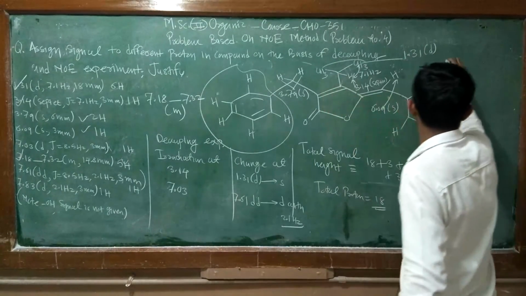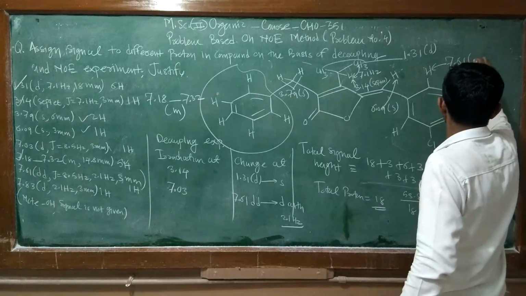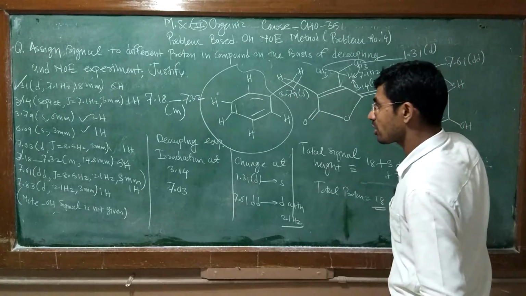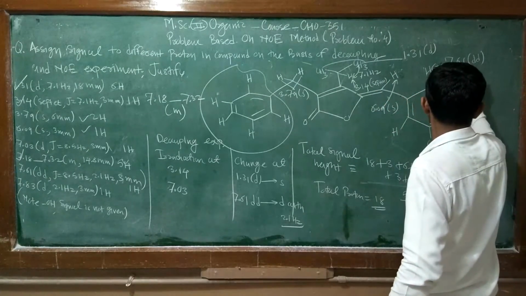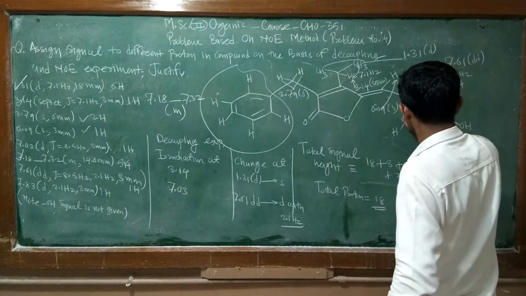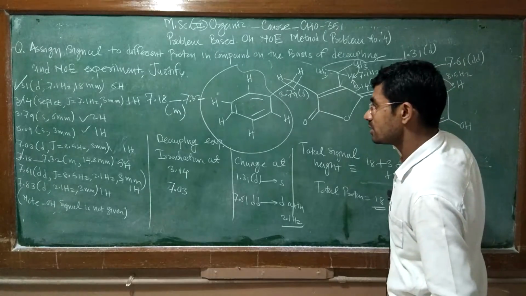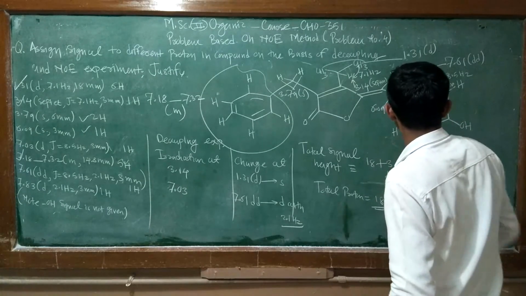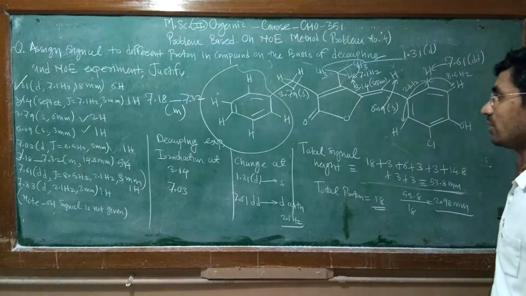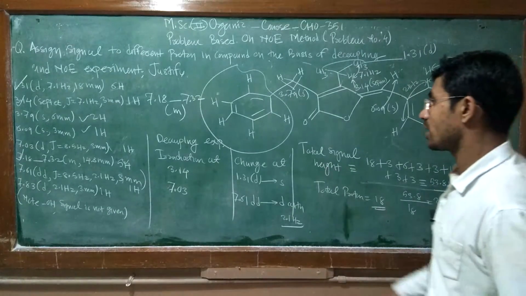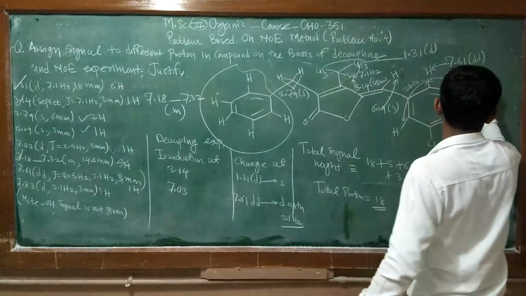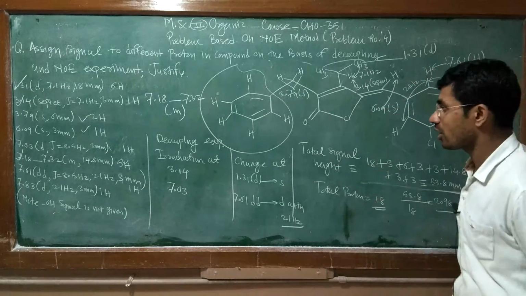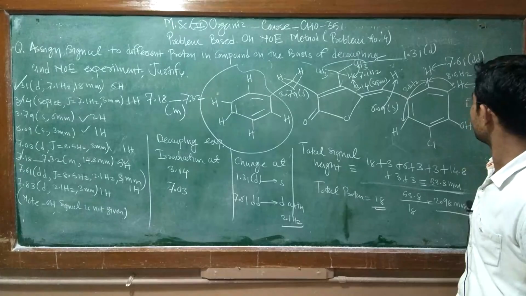So we can assign 7.61 as a doublet of doublet, with ortho coupling 8.5 Hz and meta coupling 2.1 Hz. In this way we assign the values. Again 7.03, this one proton, is a doublet with ortho coupling.